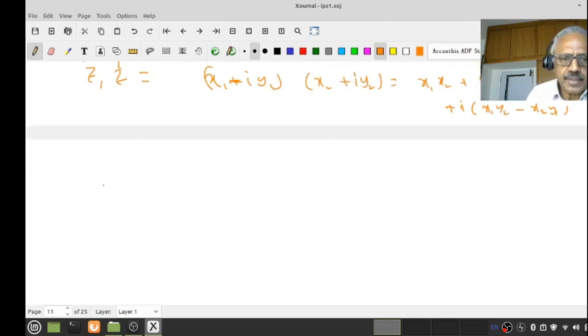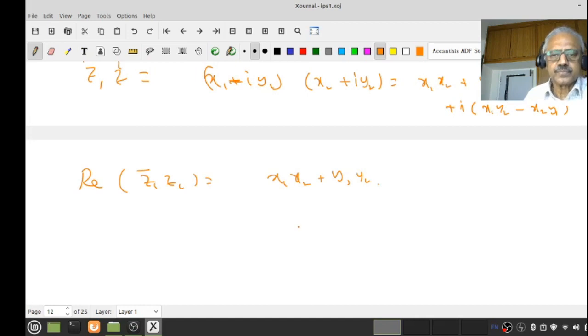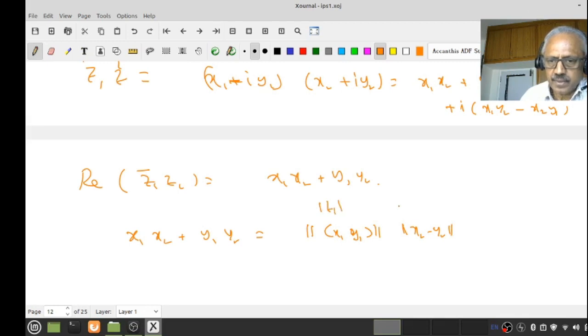Therefore the real part of z1 bar z2 is x1 x2 plus y1 y2, right? Therefore what do I get? x1 x2 plus y1 y2 equal to, okay, the length of the vector x1 y1 into the length of the vector x2 y2, because this is mod z1, this is mod z2, into cos of phi minus theta.